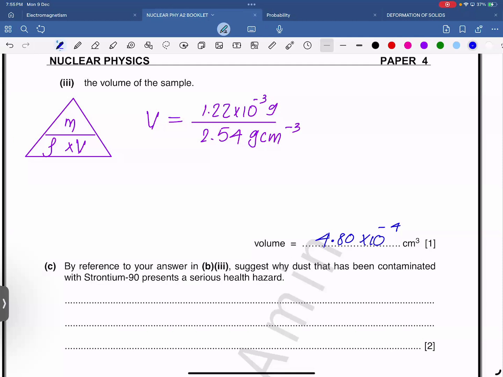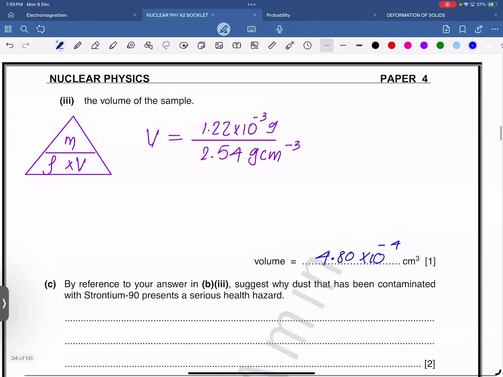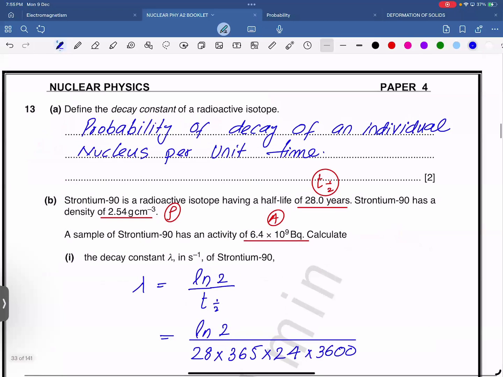By reference to this number, this small volume, why does dust that has been contaminated with strontium present a serious health hazard? Look, this small volume, look at the activity: 6 times 10 power 9 becquerels.